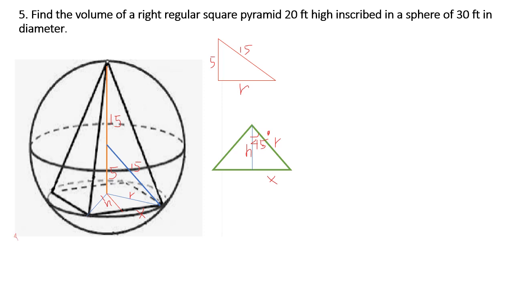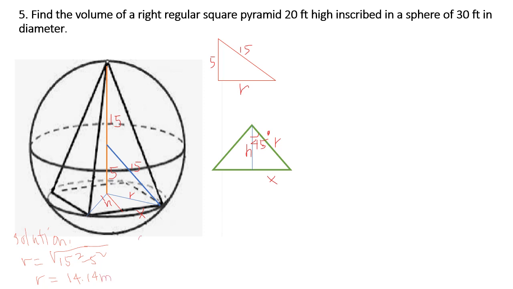So your solution, R equals the square root of 15 squared minus 5 squared. See the diagram that is sketched. So your R is equivalent to 14.14 meters.